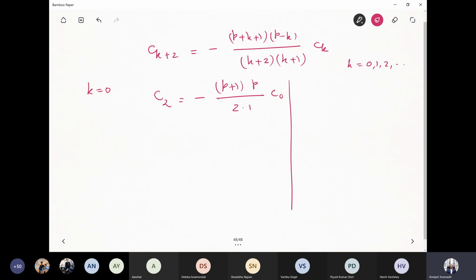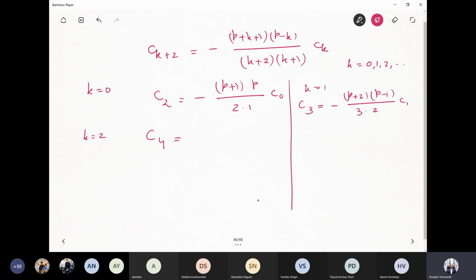Similarly, if I take k equals 1, I get c_3. c_3 is going to be minus (p+2)(p-1) upon 3 into 2 times c_1. So take k equals 2, I get c_4, right?